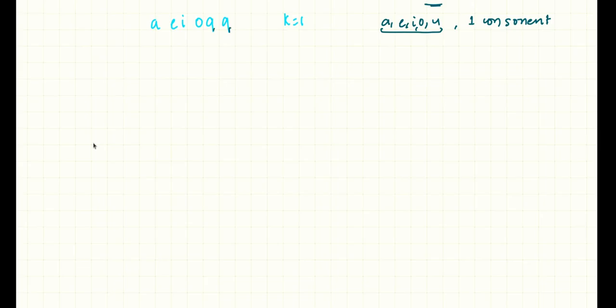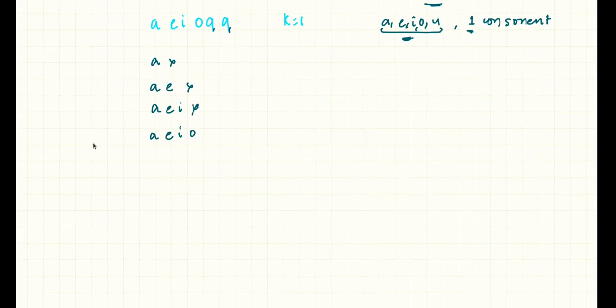If you see, a is a substring, but it does not satisfy these two criteria, so it's not part of my solution. The next substring is ae. Does it satisfy my criteria? No, so this is also not valid. Next is aei. It does not have all the vowels and it does not have a consonant as well, so it's not valid. Next is aeio.